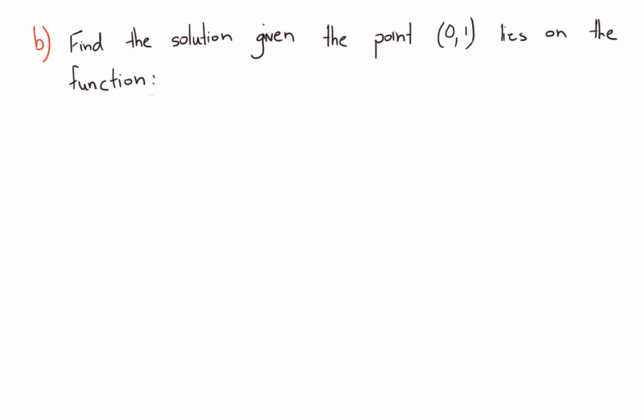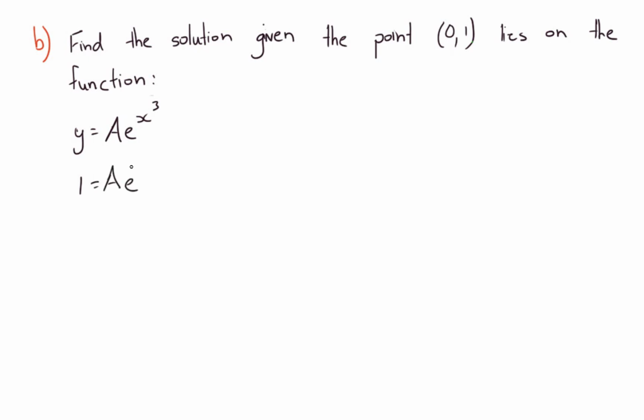Okay, part B. Find the solution given the point 0, 1 lies on the function. So we found the general solutions before. Now we're after the specific solution. So just rewriting our answer from part A, we need to substitute in x equals 0 and y equals 1. So what happens when we do that?